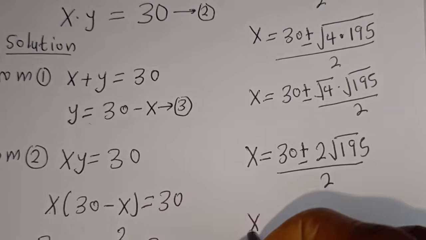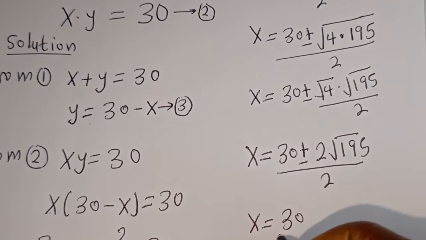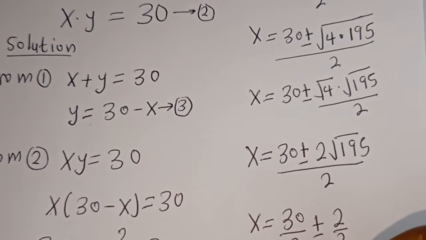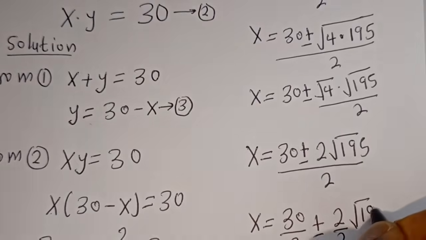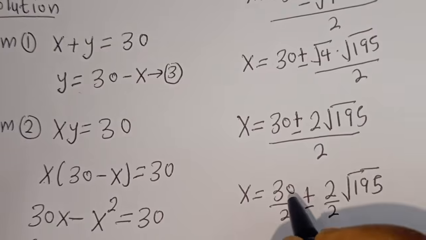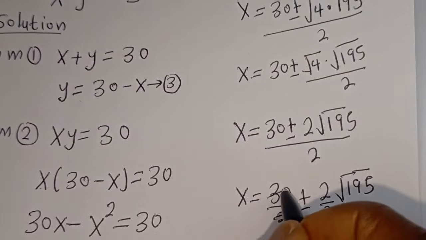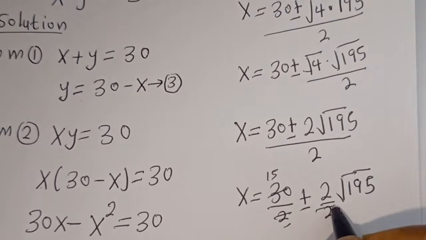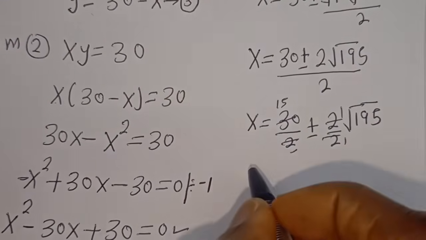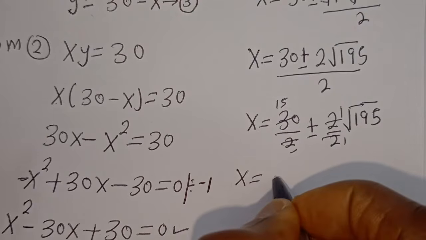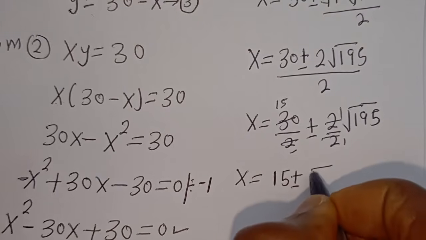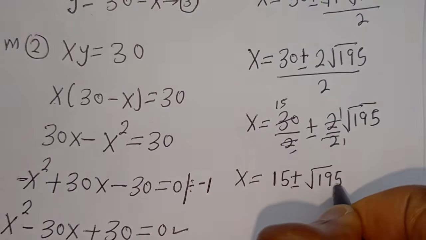Then x is equal to 30 over 2 plus or minus 2 over 2 root 195. 2 here 1, 2 here 15, 2 here 1, 2 here 1. x will be equal to 15 plus or minus square root of 195.